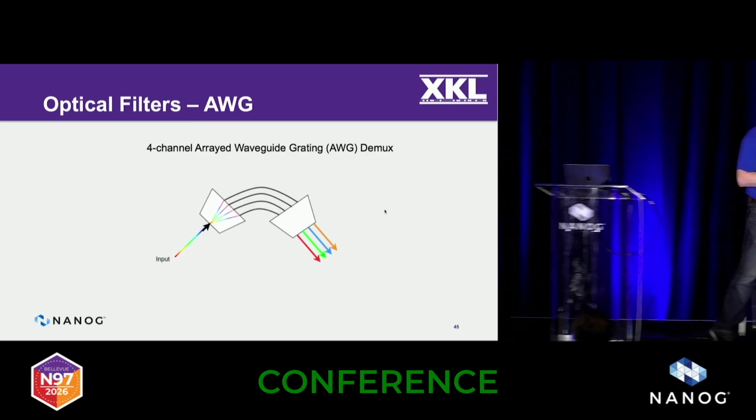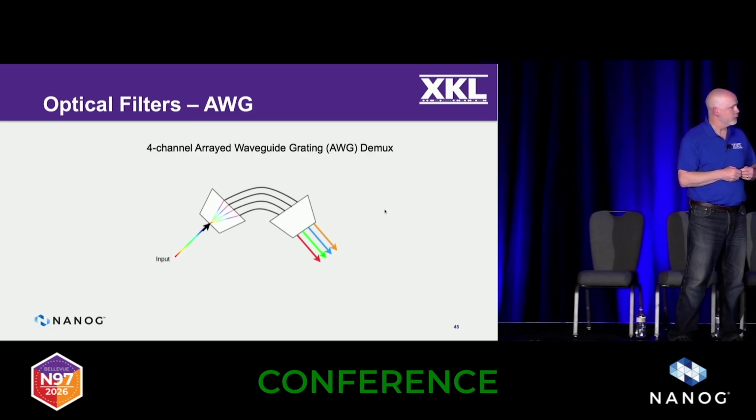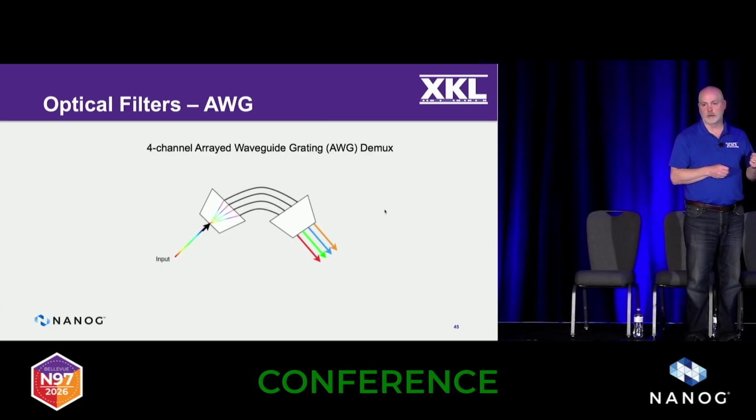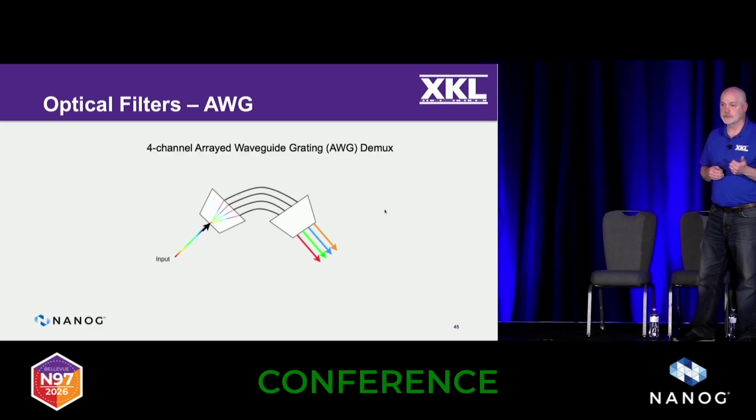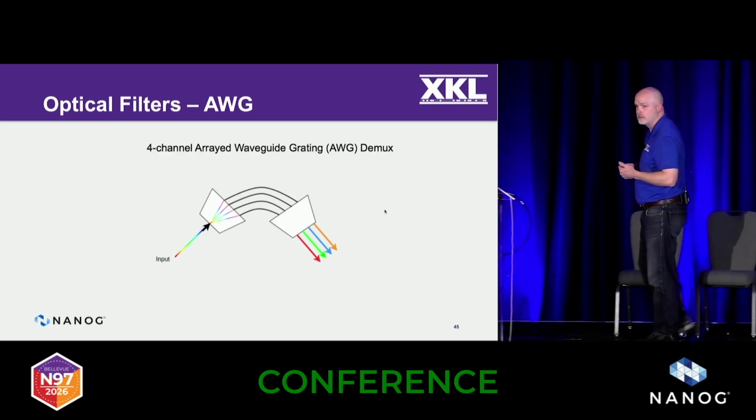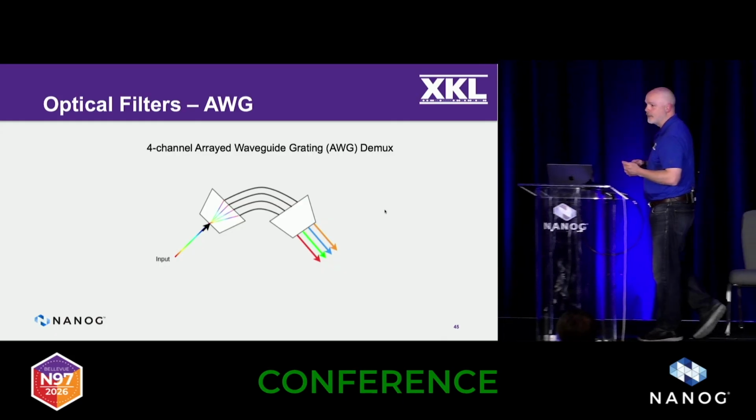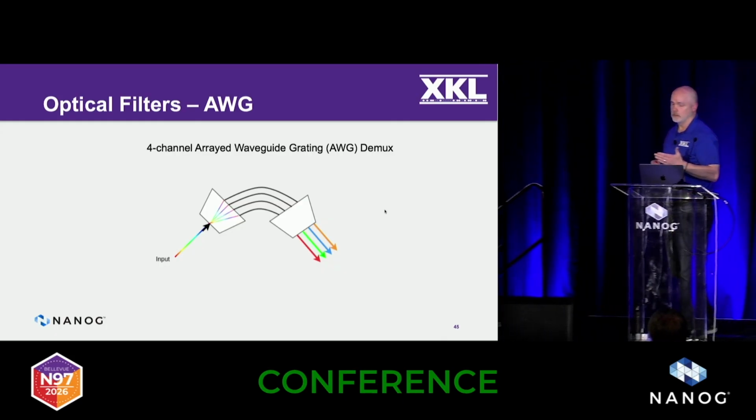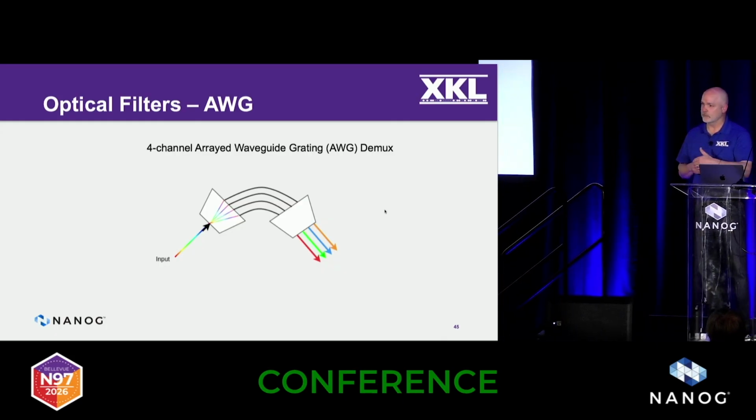But if you look at all 4 of those guides, you'll notice they're not the same length. That has an effect on the phase of the signals passing through. It takes longer for the light to get through the longer one than the shorter ones, right? So by using that principle of interference, coupled with these guides or gratings, you're able to direct certain colors out the fiber on the other side.